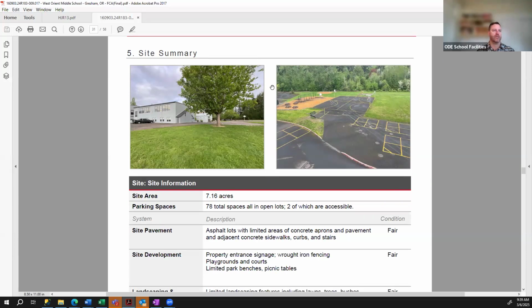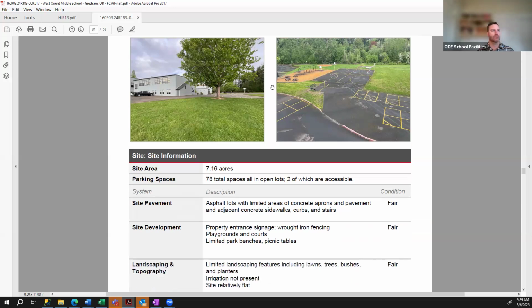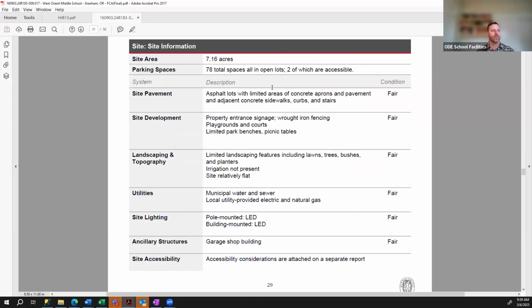You may also have some accessory buildings, like a tough shed that just stores a lawnmower or equipment like that, maybe under the site summary as well. So it's going to have a different system list than the buildings, obviously, but the same condition scores.